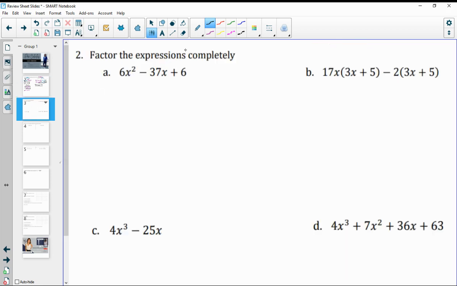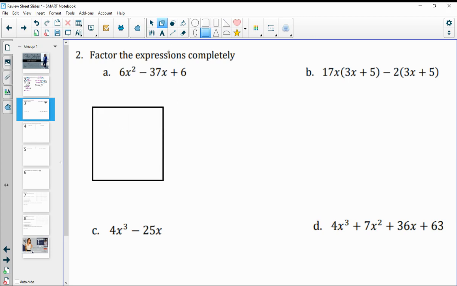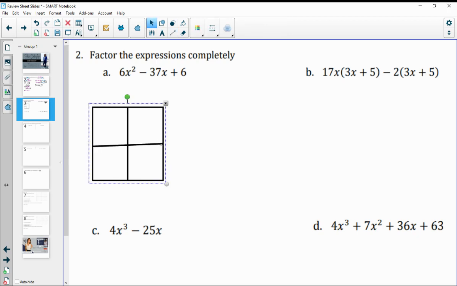Number 2 asks us to factor these different polynomials. So often people will factor trinomials with an a value here in the box. So let me just draw out a box here. And then we'll cut this to a 2 by 2, and then we're going to put a circle in the middle for our middle like terms.